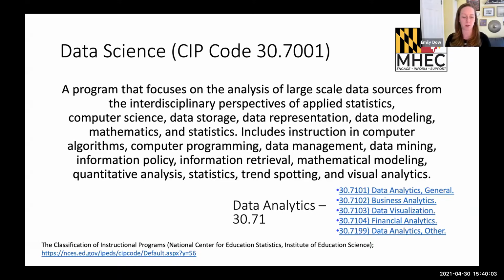And so you'll see that in the bottom right-hand corner. For data science, they just have this code, this kind of blanket umbrella. But for data analytics, they've drilled down a little bit to talk about specializations, things like business analytics versus data visualization, financial analytics, and then they have kind of an other catch-all category.